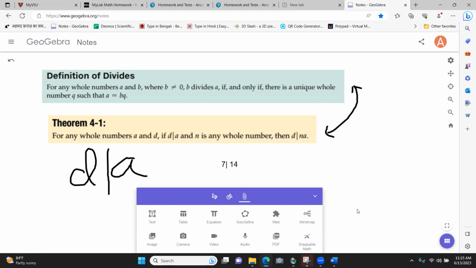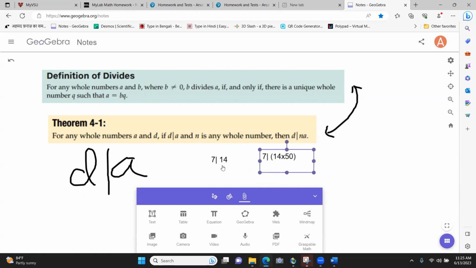A and D are whole numbers, the smaller one divides the bigger one, and N is any whole number, then D divides N A. That makes sense, okay? I'll tell you why in a second. So it doesn't matter what N is. If you multiply 14 by N, N could be anything, let's say 50, it will still divide that number.